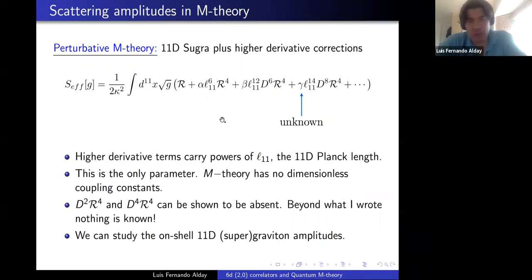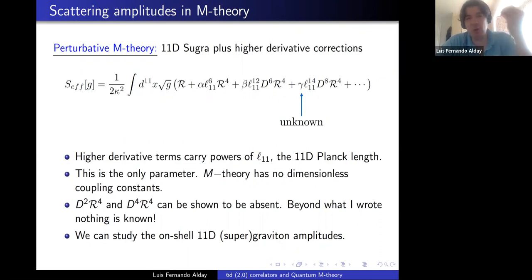I would like to make a few comments about this effective action. First, notice that higher derivative terms carry powers of this length L11, which is the 11-dimensional Planck length. This is the only parameter that we have in the theory, because M theory has no dimensionless coupling constants.